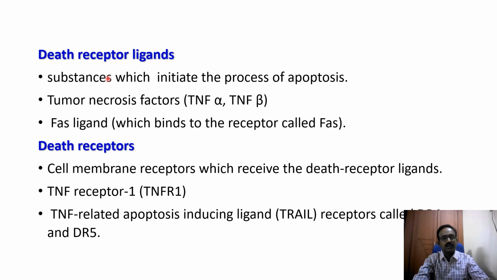Death receptors are the cell membrane receptors which receive the death receptor ligands. Well-characterized death receptors are tumor necrosis factor receptor 1 and tumor necrosis factor related apoptosis inducing ligand receptor. These receptors are called DR4 and DR5. TNF receptor 1 is called DR4, TRAIL receptor is called DR5.